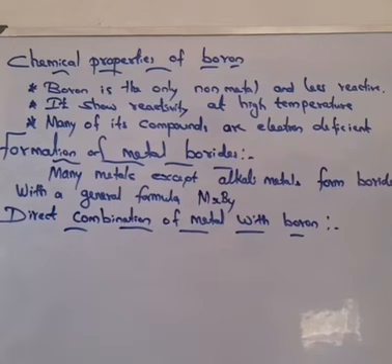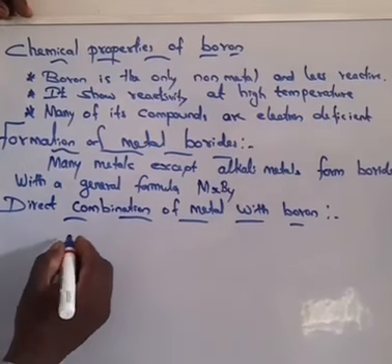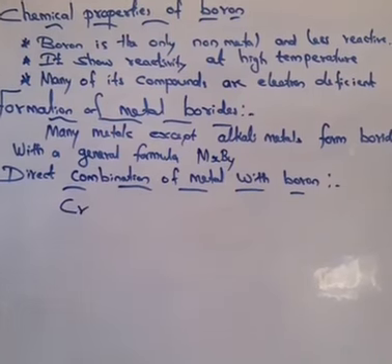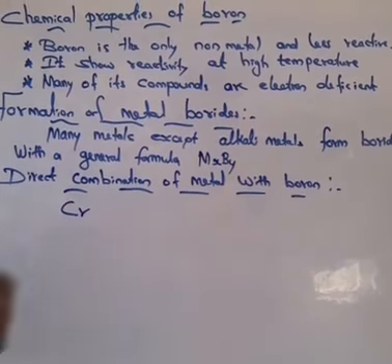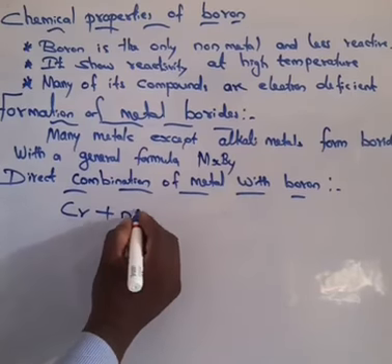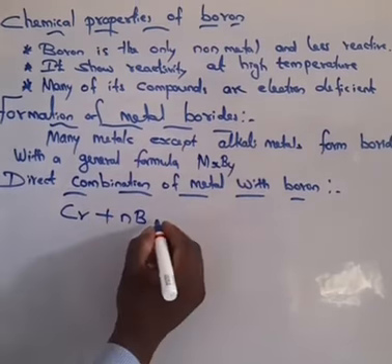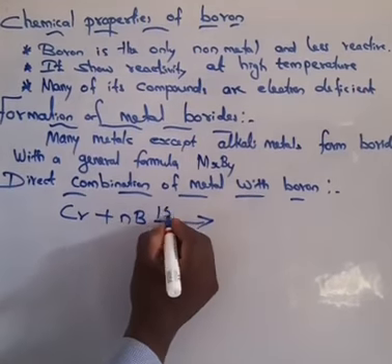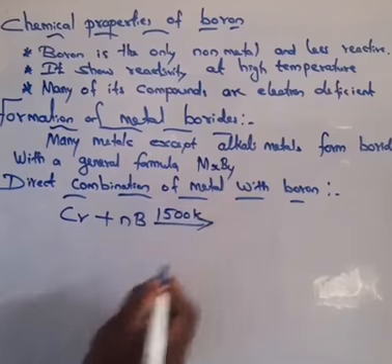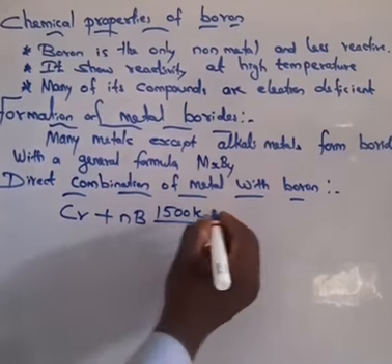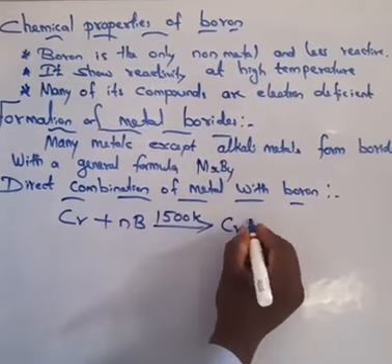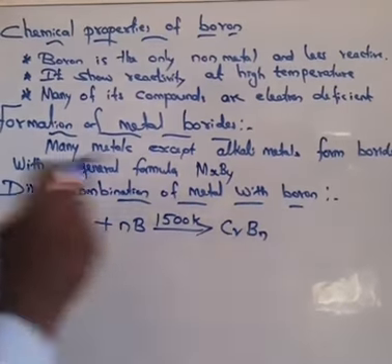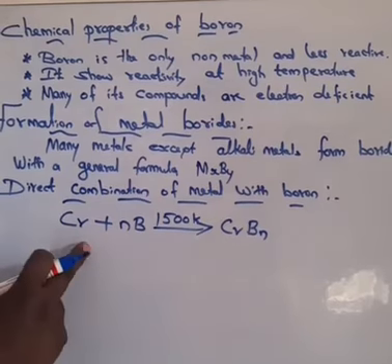Taking chromium metal, symbol Cr, chromium reacts with boron at a temperature of 1500 Kelvin. We get a metal boride, that is chromium boride.